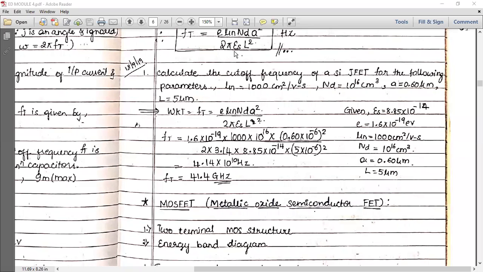I hope you haven't missed the 10 to the 6 or 10 to the 9. Did you get only 2.88, or is there a 10 to the something? Soumya, you can respond in the chat box.